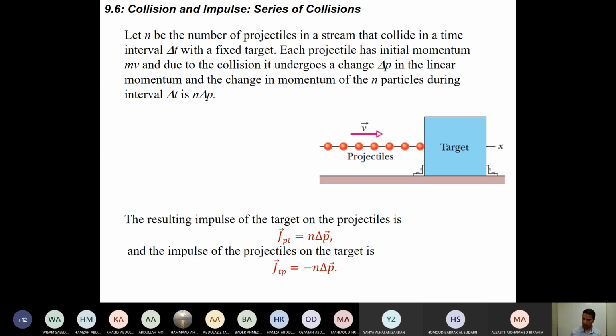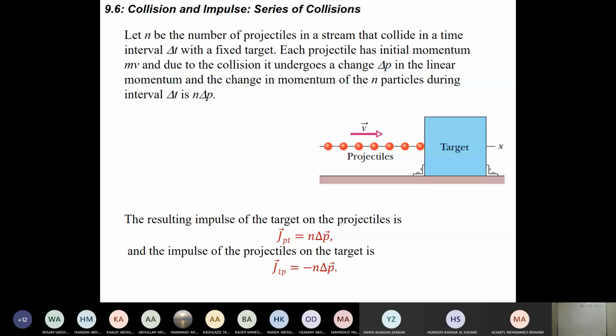The change in momentum for particle 1 is equal to Pf minus Pi. Since all particles come with the same initial velocity as well as final velocity, if I had fired 10 particles, I will have 10 times delta P, 10 times the change in momentum of a single particle. That's all that will be happening.